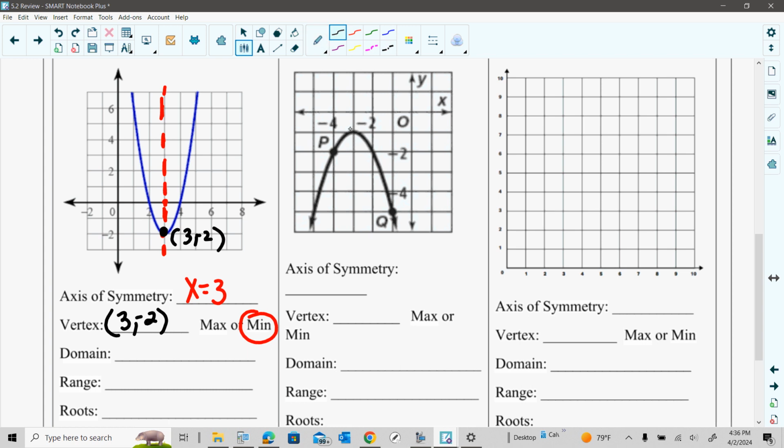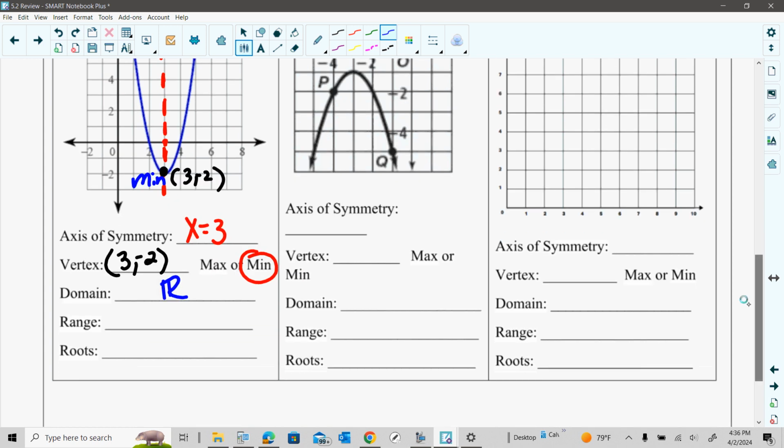Our domain is always all real numbers, and our range corresponds with that min. So because it's a min here, this graph is pointing up and keeps going, going, going. Up is greater than. So y is greater than or equal to the y value, which was at -2.